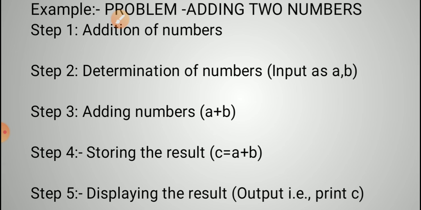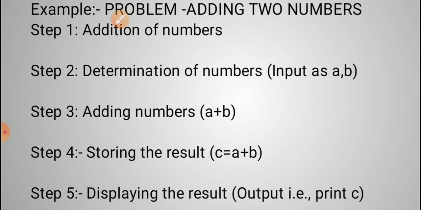In the third step, we will add the numbers. So the given problem is adding the numbers. We will add the two numbers, that is A and B, A plus B. And after adding that, we will store the result in some other place, that is C. Storing the result, C equals A plus B. Before displaying the result, we have to analyze the steps one more time.